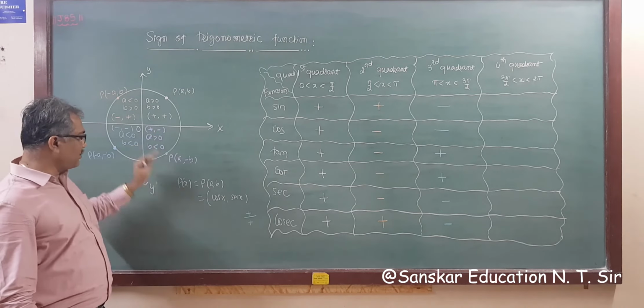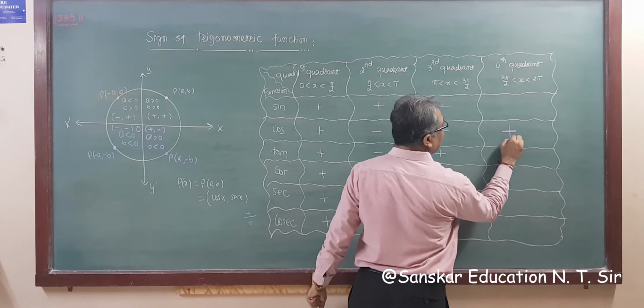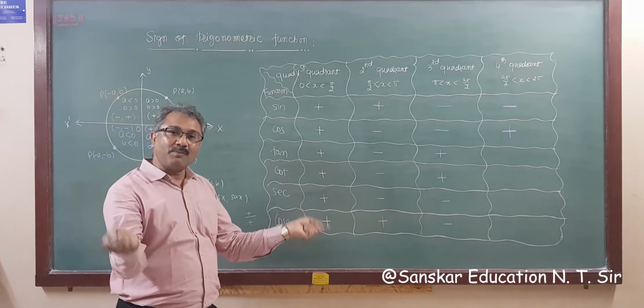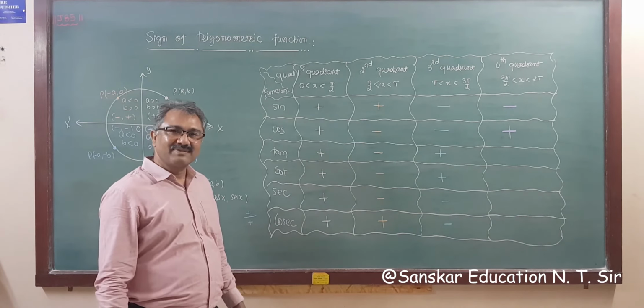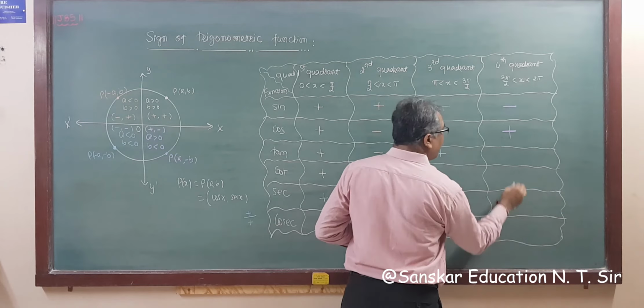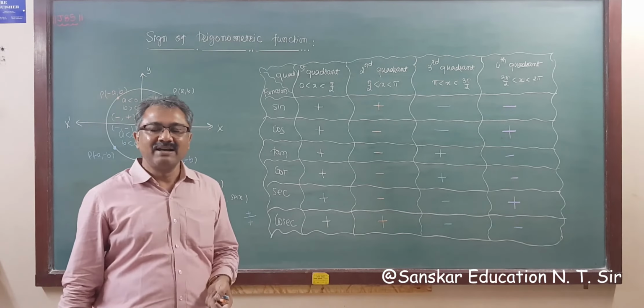Means a greater than 0, that is cos x is positive, and sin x is negative. So the reciprocal of cos is sec. So sec is positive and all the rest are negative.